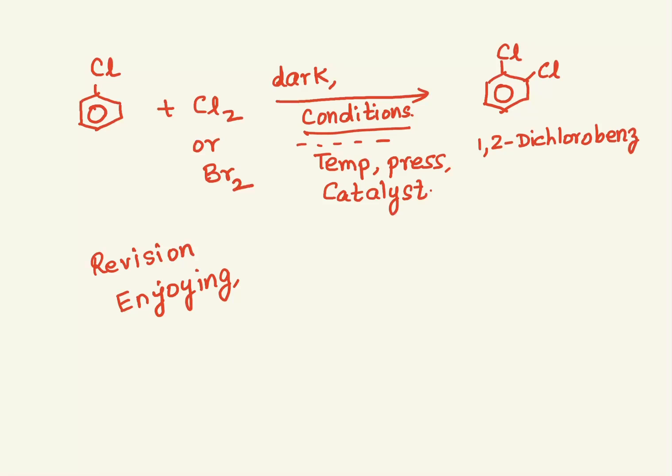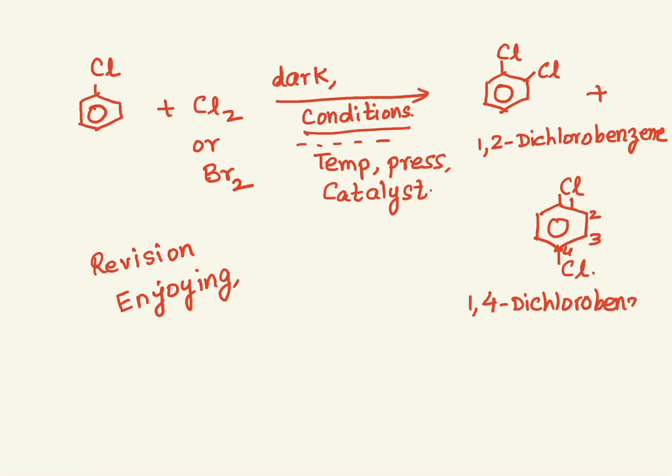Similarly, the second product is, here again we will have chlorine and the second chlorine atom opposite to it. So I'll have 1, 2, 3 and 4. It's 1,4-dichlorobenzene.